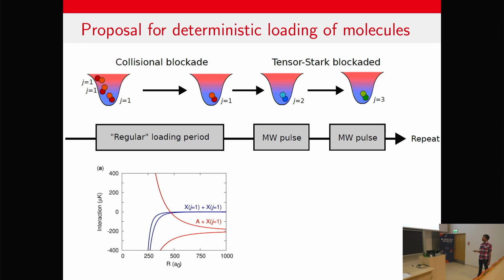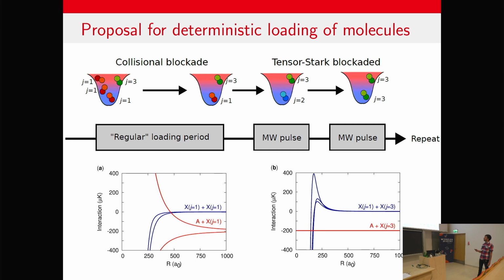So we continue with this J equals 3 molecule just hanging around. Now this is completely fine because we load more J equals 1 molecules, but the J equals 3 molecule doesn't undergo collisional loss with these because the normal van der Waals type interaction is now repulsive, and also there are no light-assisted collisions because the dipole moment from our excited state is to J equals 1 only.